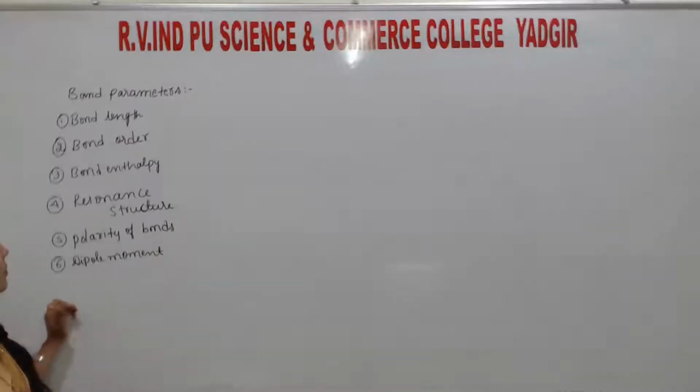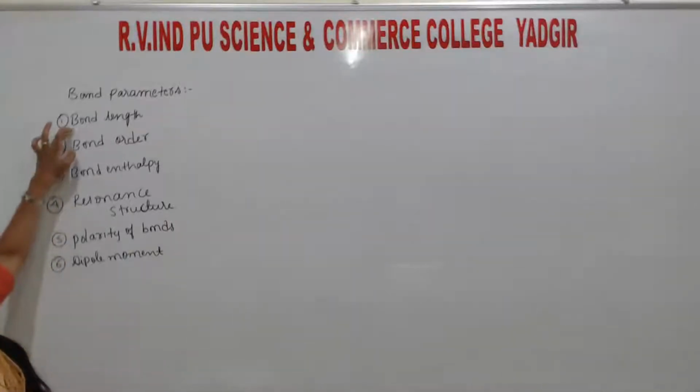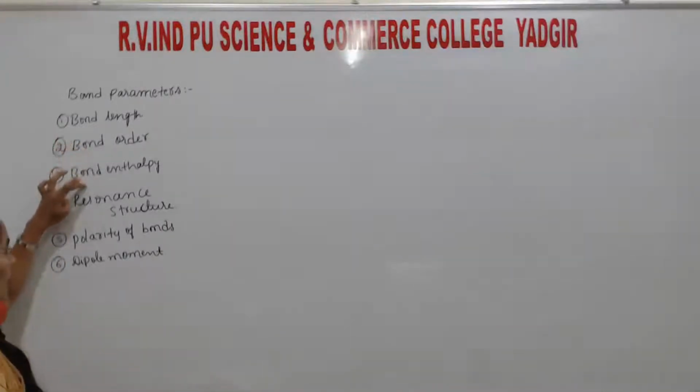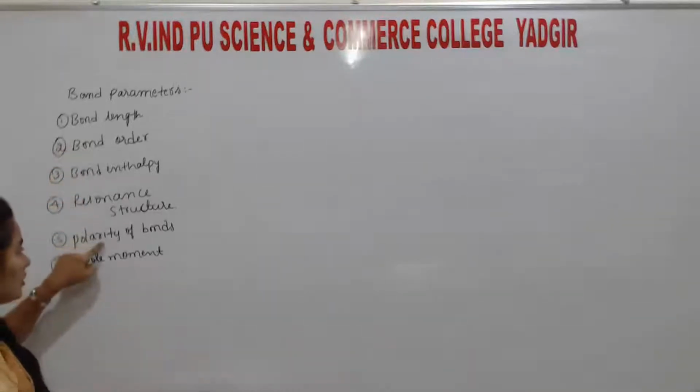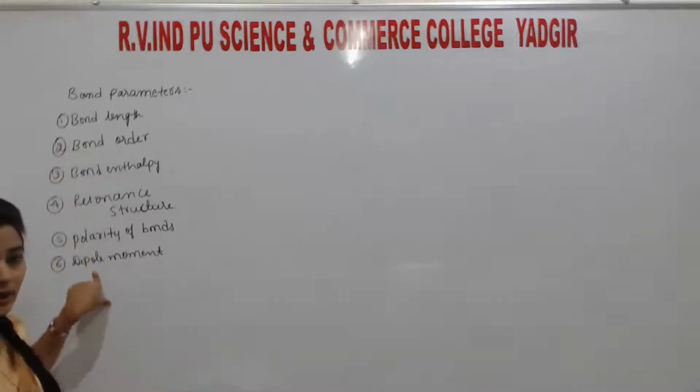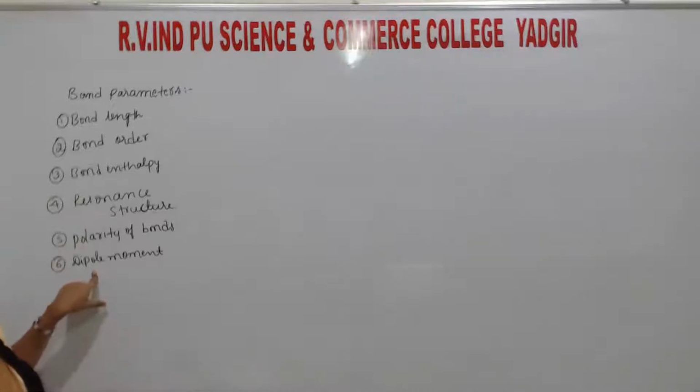These are the bond parameters: bond length, bond order, bond enthalpy, resonance structure, polarity of bond, and dipole moment. Let's discuss one by one.